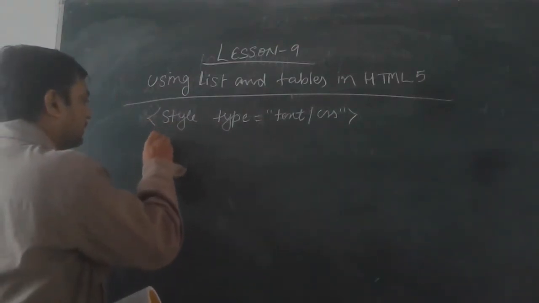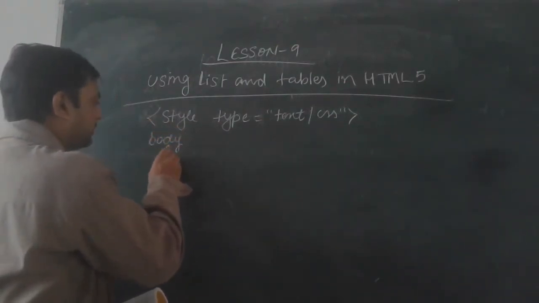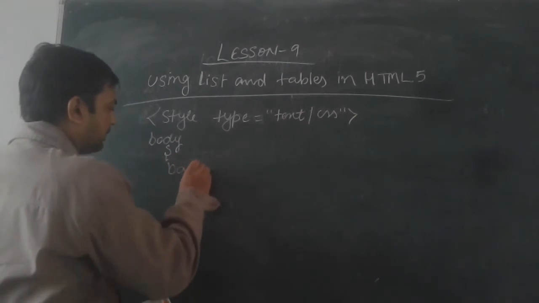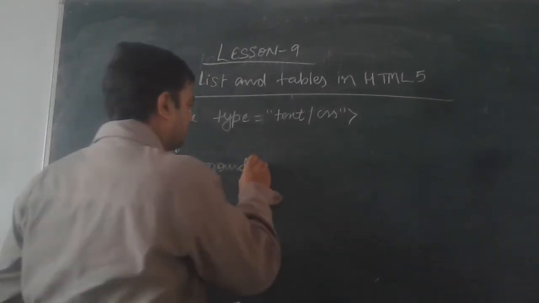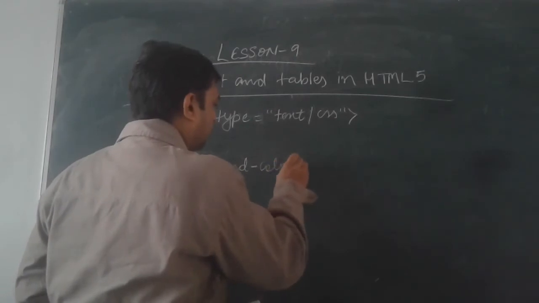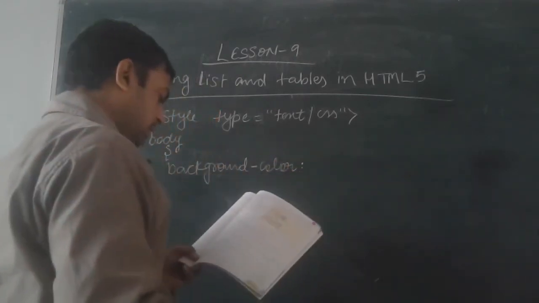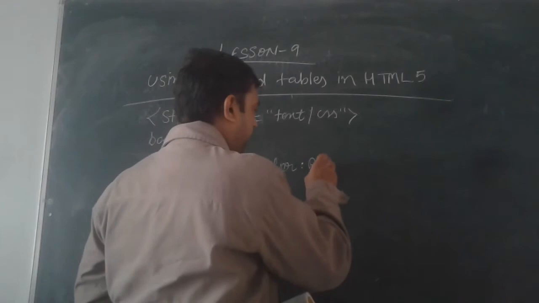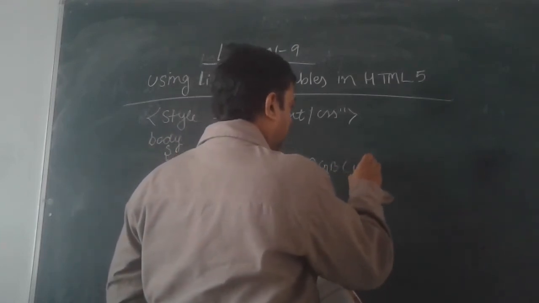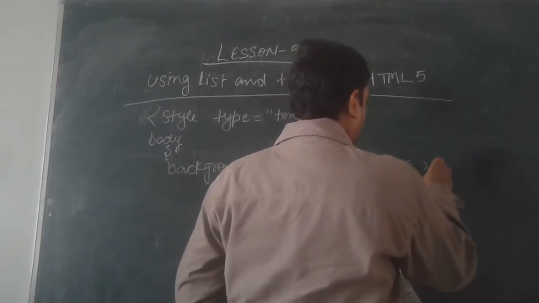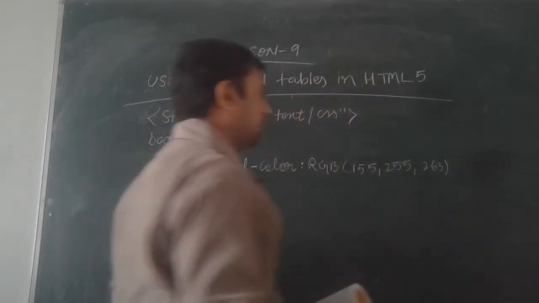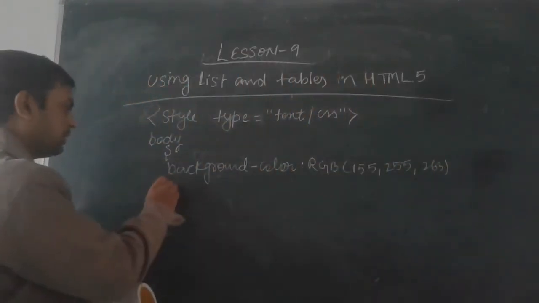In this body, background color, any background color, this is RGB 155, 255, 263. This color will be shown to you.